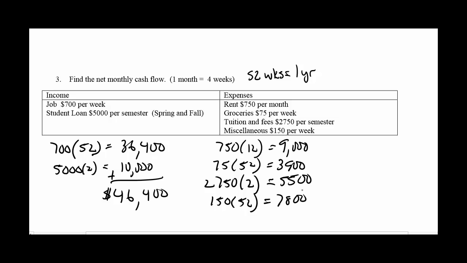Okay. So then I want to add up all of those numbers to calculate what she's spending. Okay, so when you add them all up, you get 26,200. And then I want to subtract her expenses from her income.